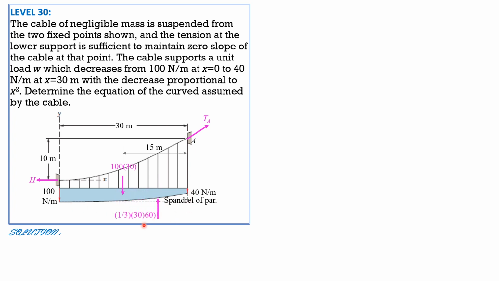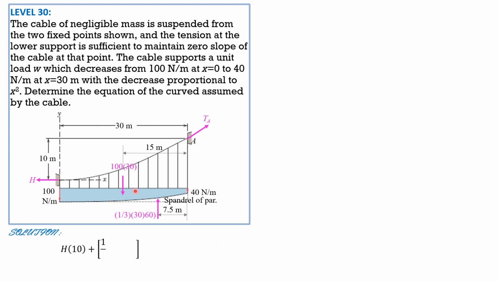The area is 1/3 of 30 times 60, where 60 newtons per meter is 100 minus 40. And its location from the centroid, remember, is x over 4, or 30 meters over 4, and that is 7.5, because that's second degree. First degree, if it is a triangle, then this is 30 over 3. For second degree, it is 30 over 4, that's why 7.5 meters.